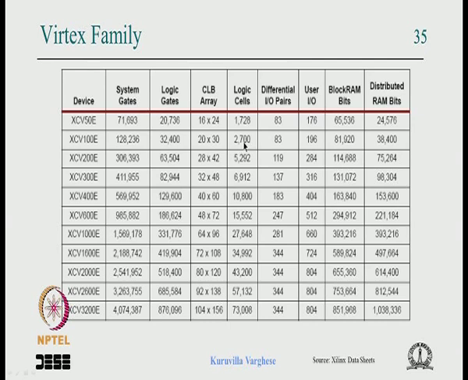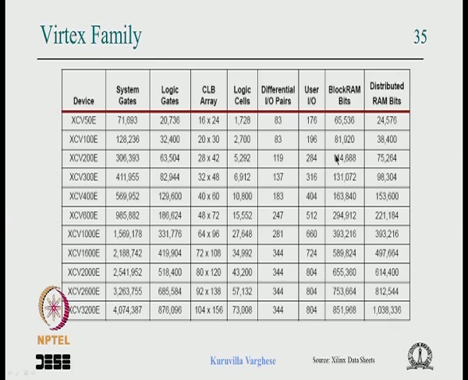by 4.5. But anyway, in understanding the architecture, the important spec is the number of CLBs, definitely the number of IO pins. There could be single ended IO and differential IO; if you want more noise immunity and want to reject the common mode noise, then you can use the differential pairs.